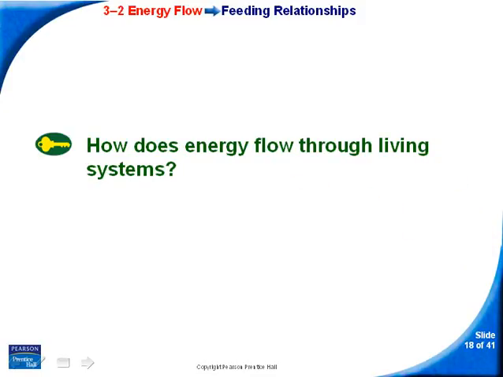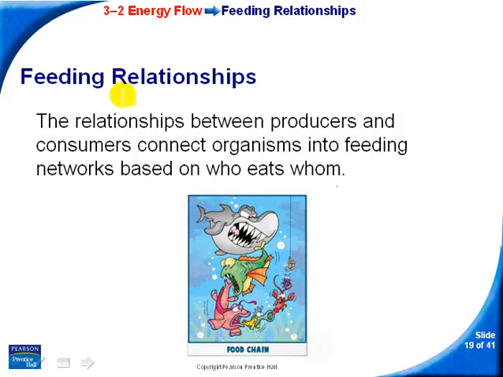How does energy flow through living systems? Well, here's the next big section. We're talking about feeding relationships. And the relationships that we're talking about lead to these feeding networks, and we'll look at a couple different types based on who eats who. And now we're referring back to the food chain.